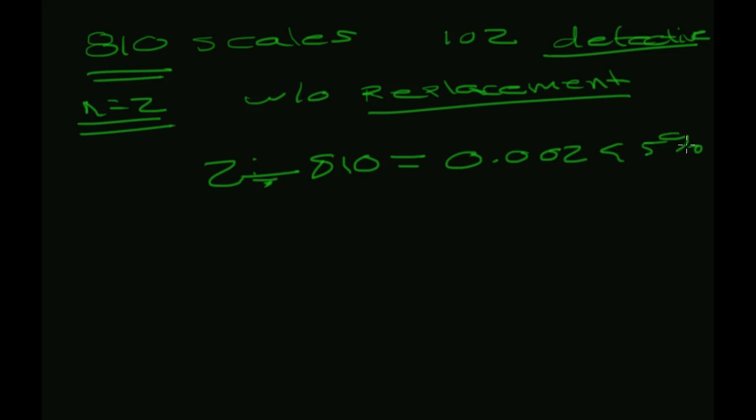So the sample is less than 5% of the population. So I can treat this as independent, which makes it actually slightly easier to calculate.